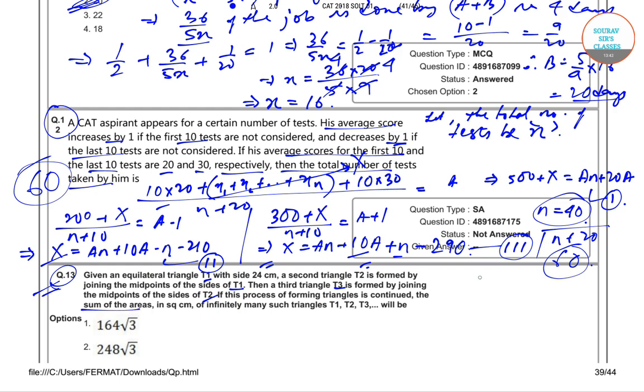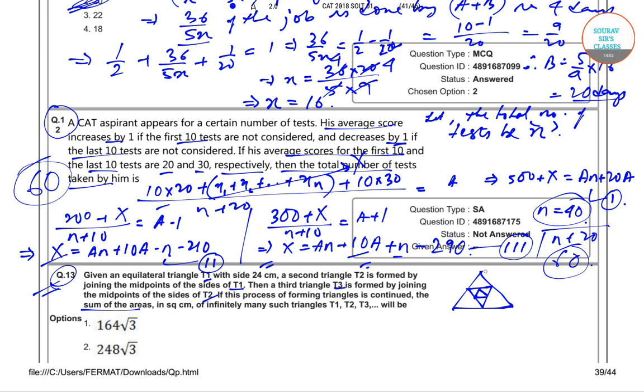Okay, so let us consider first one equilateral triangle, and then we have another equilateral triangle which is constructed by connecting the midpoints. Then we have another equilateral triangle which is constructed by connecting the midpoints of the triangle within.